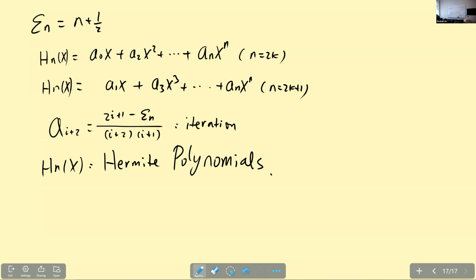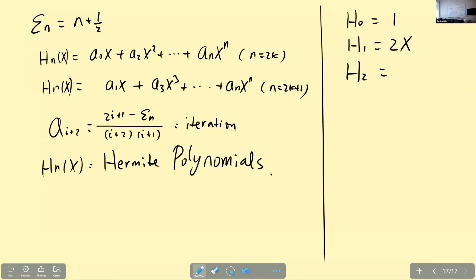Right, so the first one, H0, of course has only one term. The second one, H1, is 2x, and H2 is 4x squared minus 2, and H3 equals. Okay, so you can continue this one.